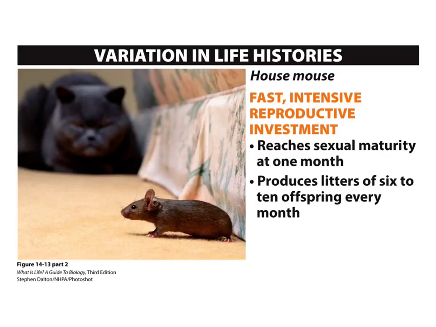They then reproduce frequently, producing litters of 6 to 10 offspring about every month. If we look at the overall lifespan of these mice, they don't live very long. They're putting some energy into maintenance of self so that they live past one reproductive event. But they are putting a lot of energy into each reproductive event, which is going to shorten their overall lifespan.